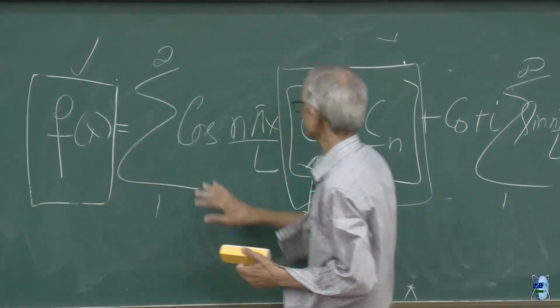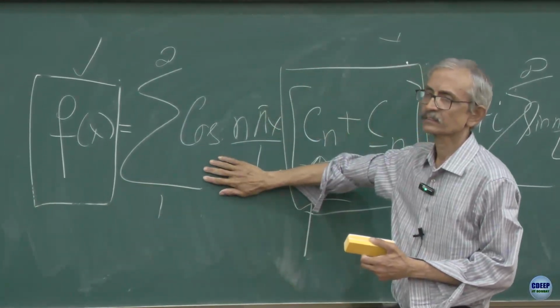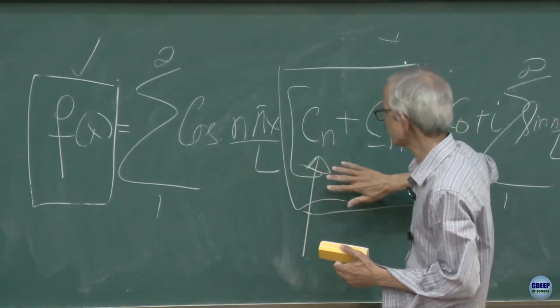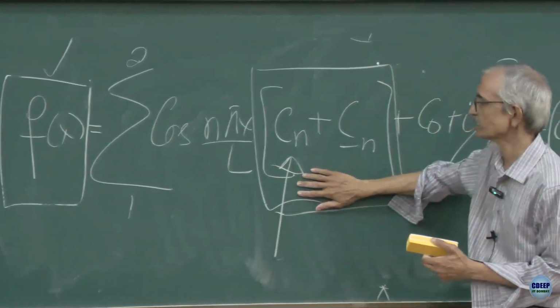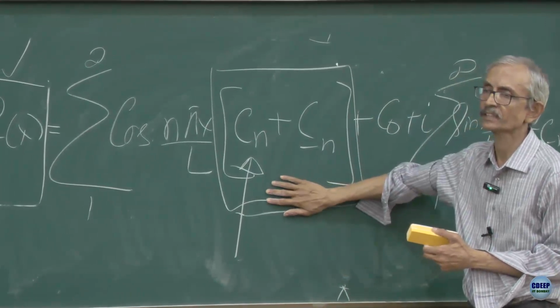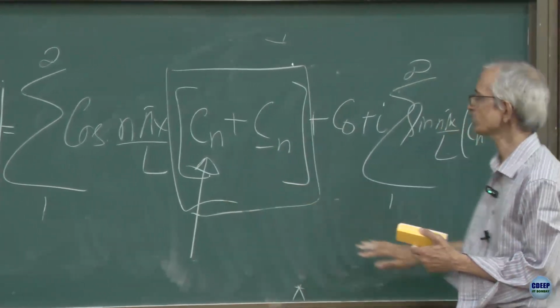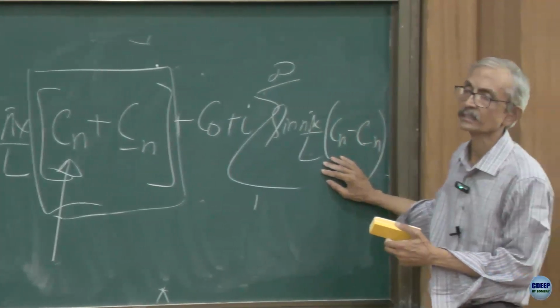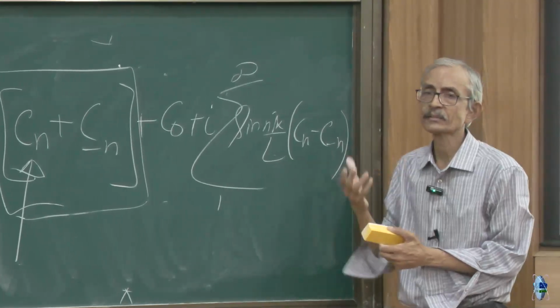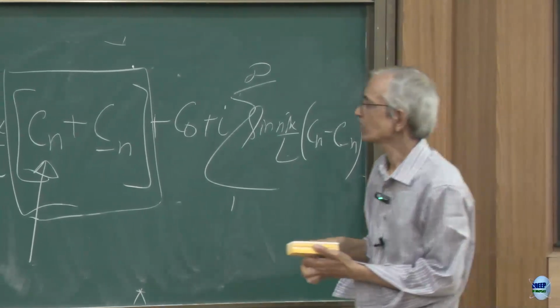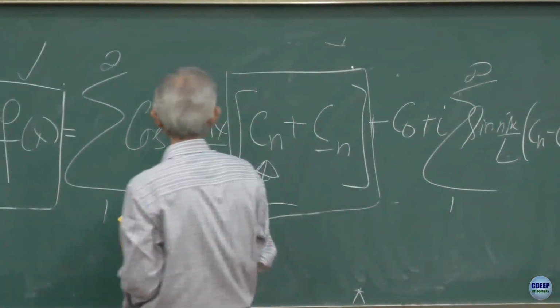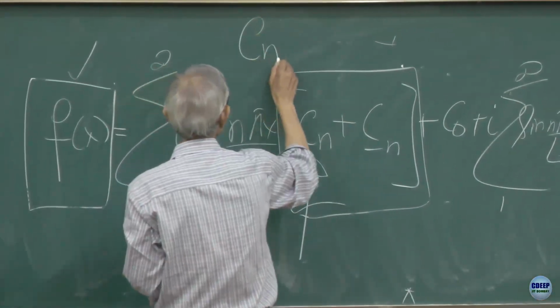Now, this is real. The only place where I can play around is to see if I can make this real. I want to make this real. So what is the way out? This can happen if Cn is what?